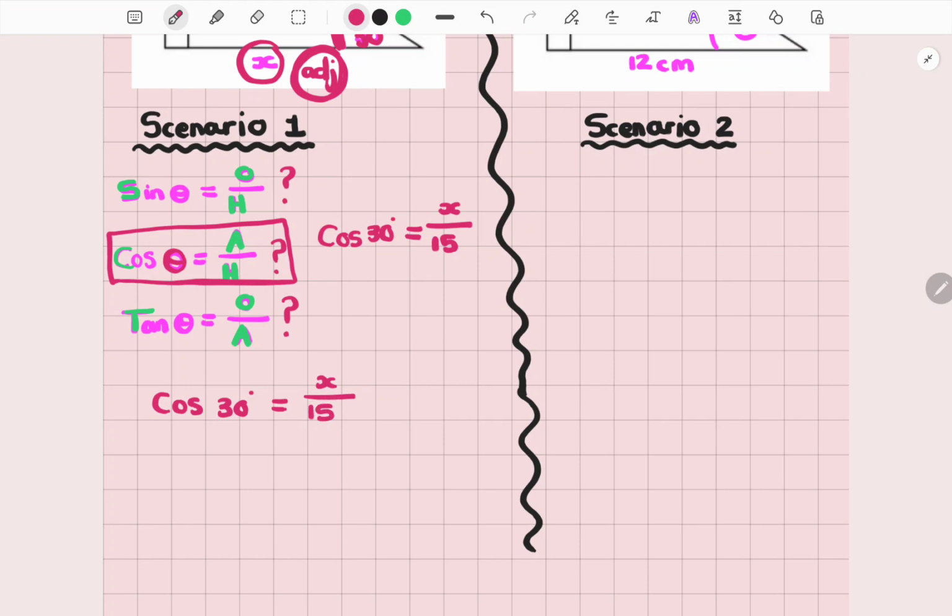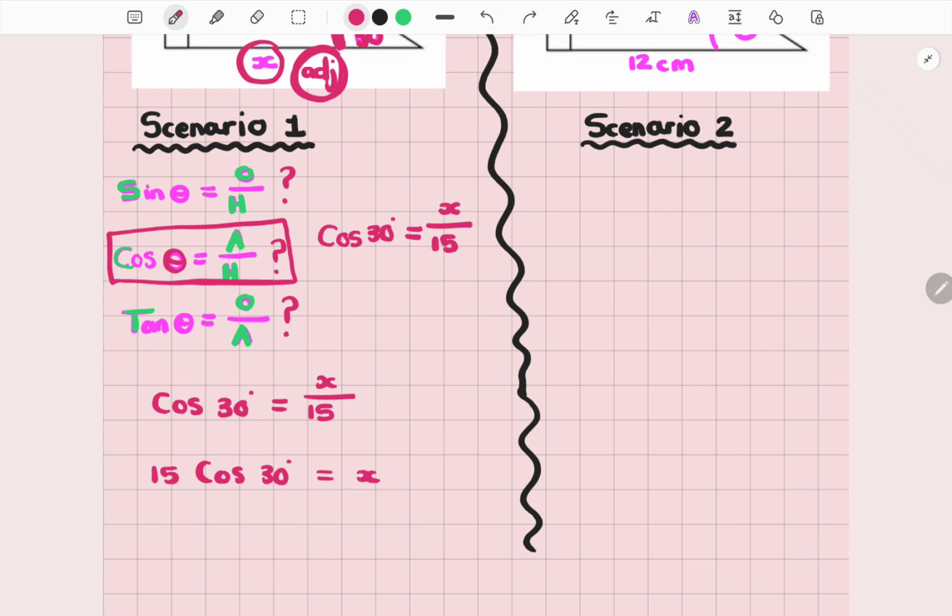We want to find x. What is happening to x? It's being divided by 15. So I'm going to times both sides by 15, because x over 15 times 15 over 1 will cancel out, and you've just got x left.